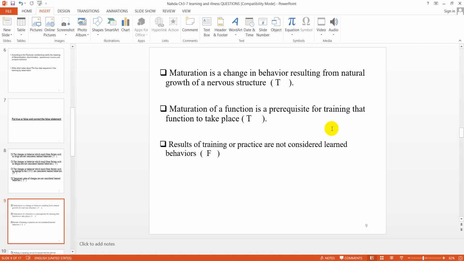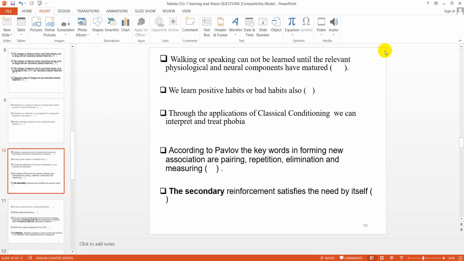Maturation is a change in behavior resulting from natural growth of the nervous system. Yes, okay, we finished this. Walking or speaking cannot be learned until the relevant physiological and neural components have matured. Yes, sure.